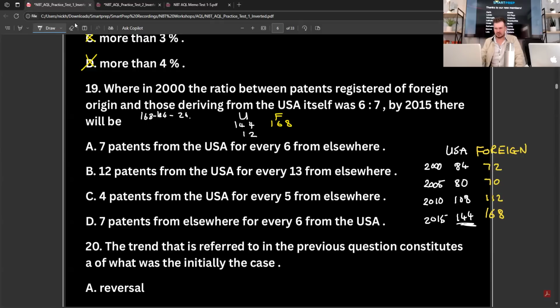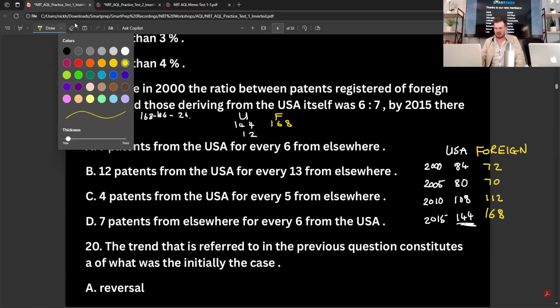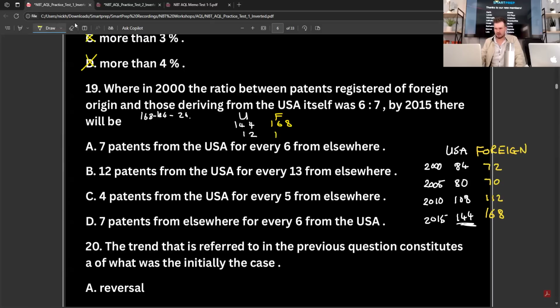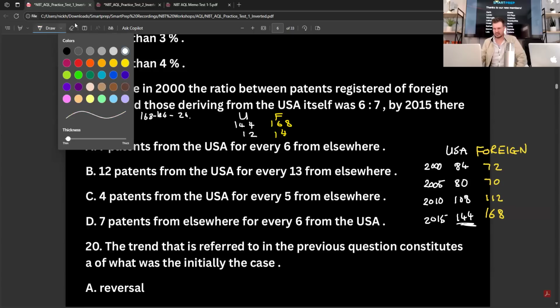Which is 12 times 2. So if we divide 168 by 12, we get 14. Both of these are divisible by 2, and we get to a final ratio of 6 to 7.